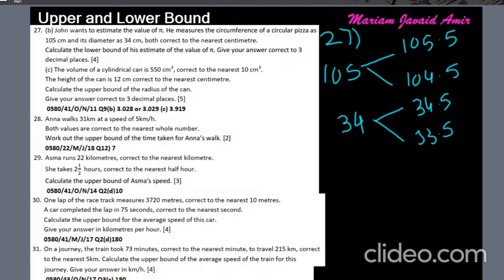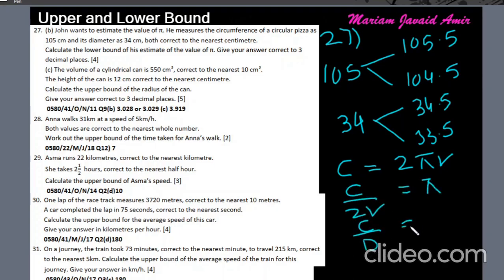Calculate the lower bound of his estimate of pi. Give your answer correct to 3 decimal places. So circumference equals 2 pi r, so circumference over 2r equals pi, or circumference over diameter equals pi.